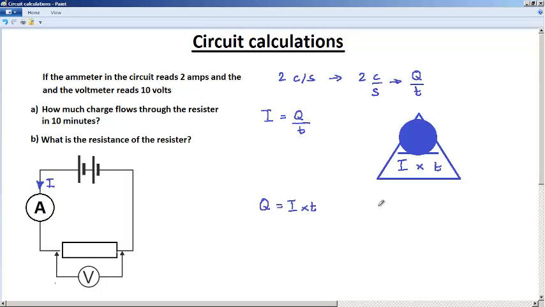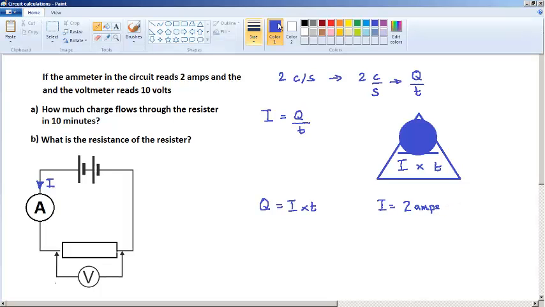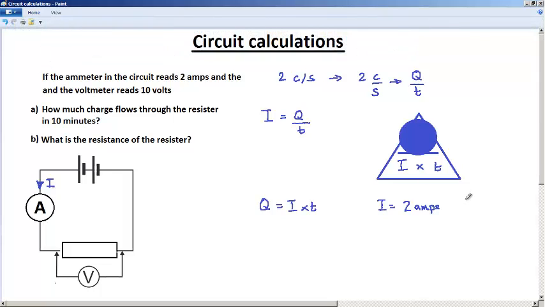We write down by the side of that equation, first of all, I equals 2 amps. But remember in your head, always, it's always important to remember that the amp is the coulomb per second. That's the real unit here, the coulomb per second. Look at the time here, it's measured in seconds.